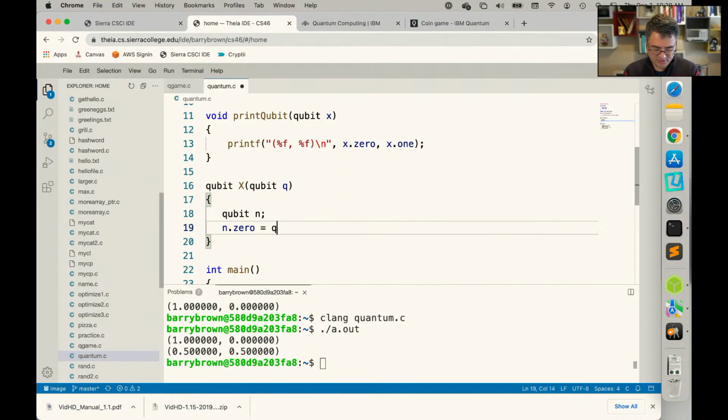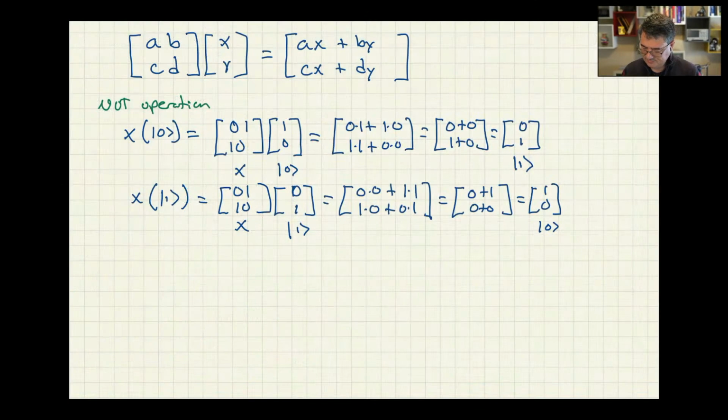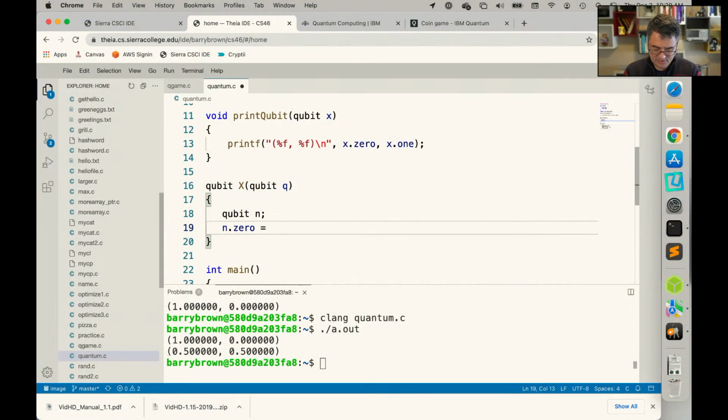equals q, oh, what is it? So now we have to look over here, right? So we're going to do 0 times the top number plus 1 times the bottom number.